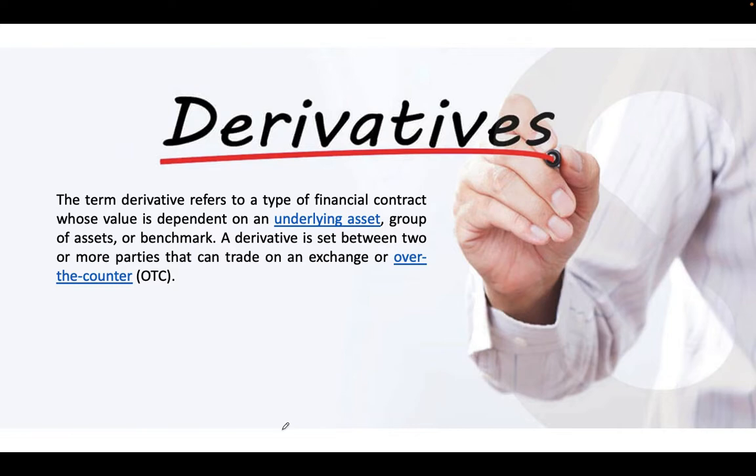Derivatives can be traded on an exchange or over the counter. The price of derivatives derives from the fluctuations in the underlying asset. Derivatives are usually leveraged instruments, which increases their potential risks and rewards. Common derivatives include futures contracts, forward contracts, options and swaps.